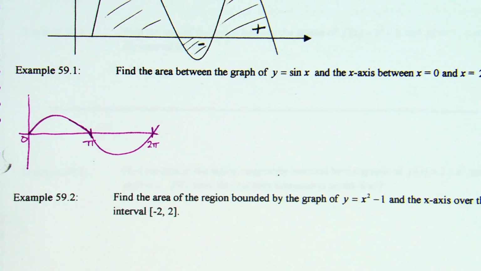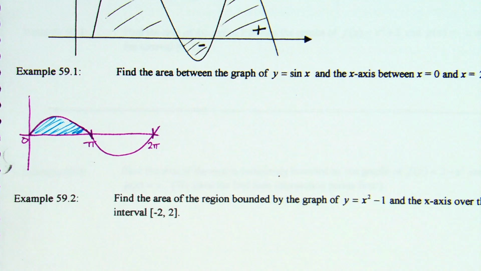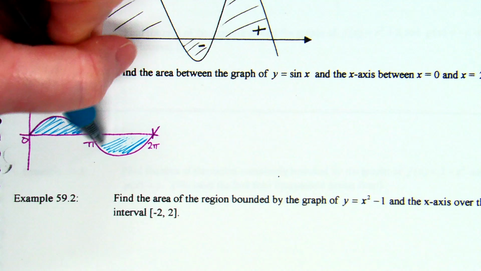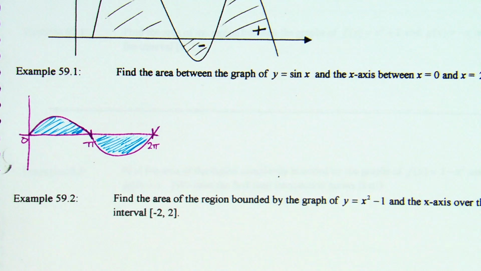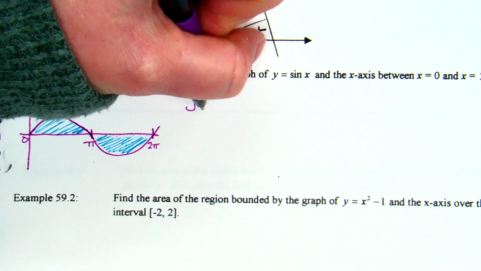If we're finding the area between the graph of y equals sine x and the x-axis, what area are we finding here? We've got this area on top and this area below, yes? So can I just do the area from 0 to 2 pi of sine x dx?